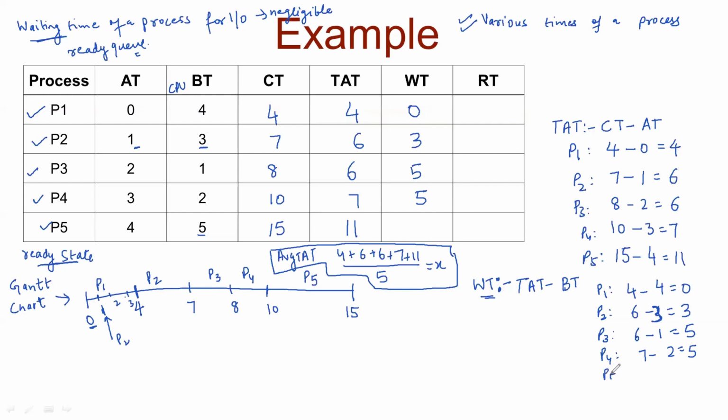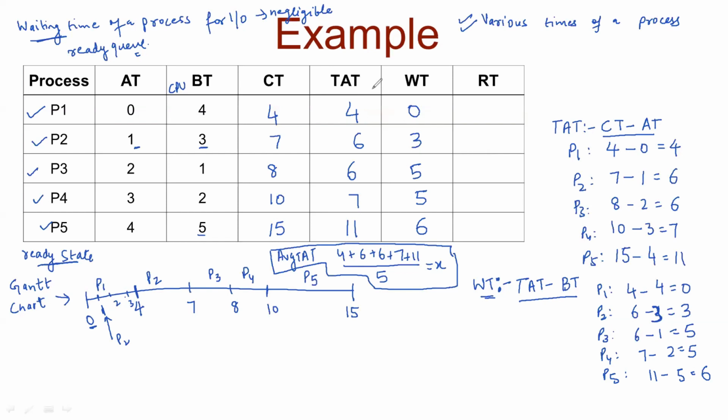And for P5, turnaround time is 11 and burst time is 5. So waiting time comes out to be 6. Please ignore if there is any computation error. You can calculate on your own by using these formulas.